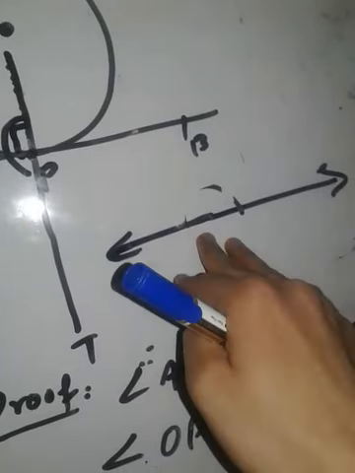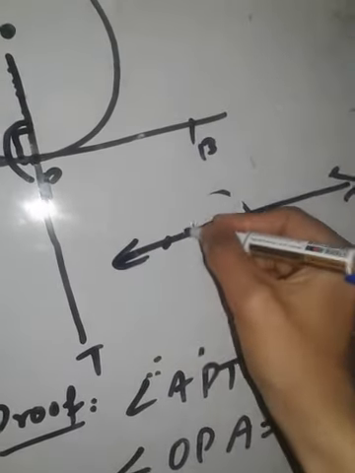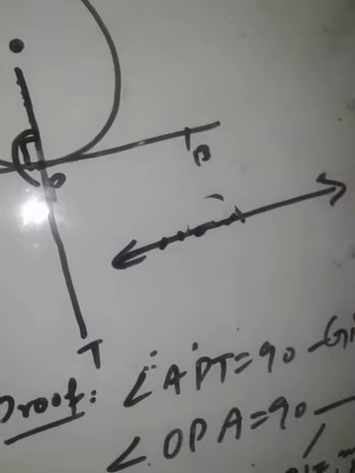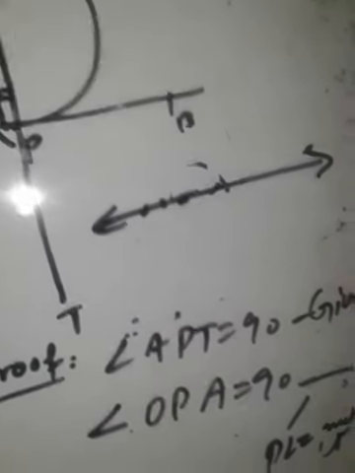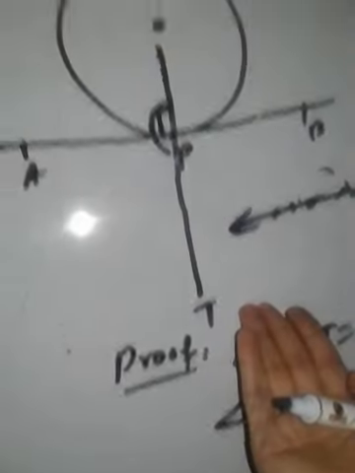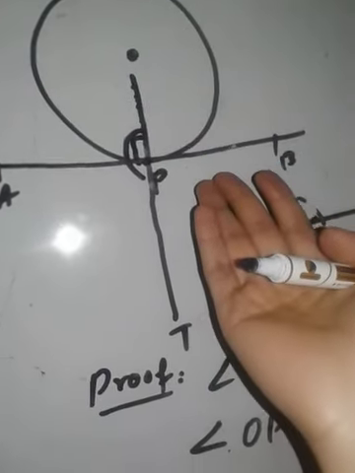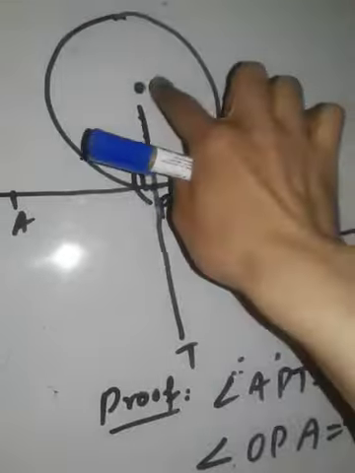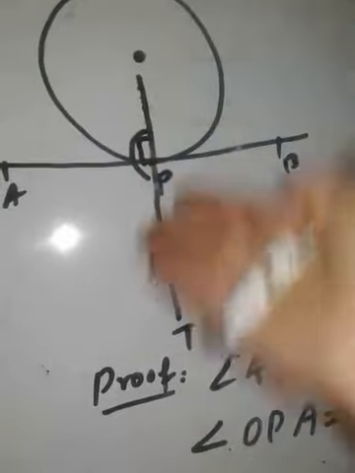So what does this straight line mean? That all the points on this line are collinear. Collinear means those points which lie on the same line. It means that OPT is a line, or we can say that O, P, T lie on the same line.